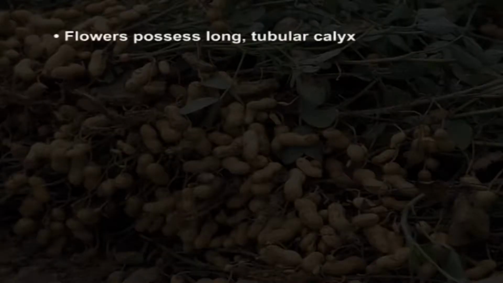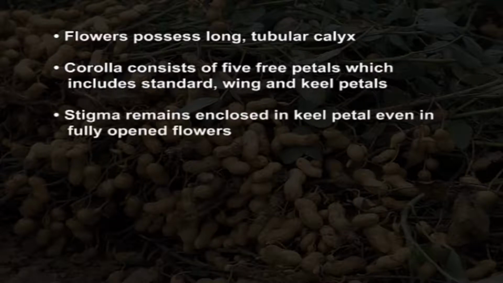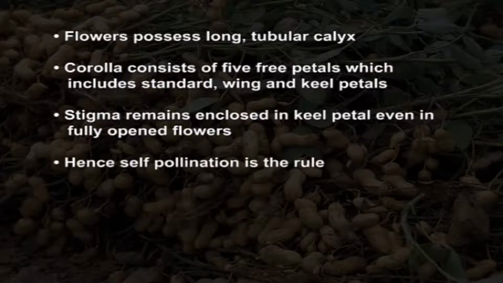The flower possesses long tubular calyx. Corolla consists of 5 free petals, which includes standard, wing and keel petals. Stigma remains enclosed in keel petal even in fully opened flower. Hence, self-pollination is the rule.